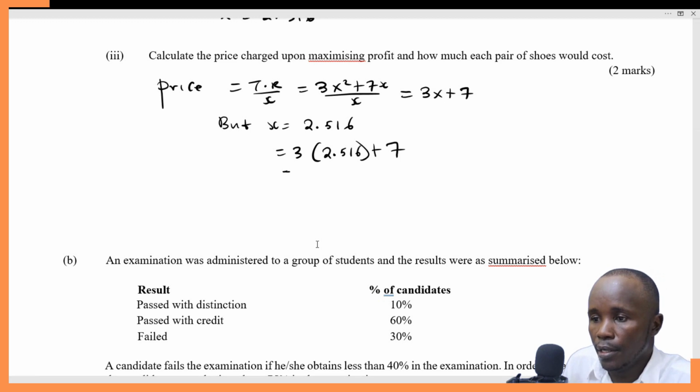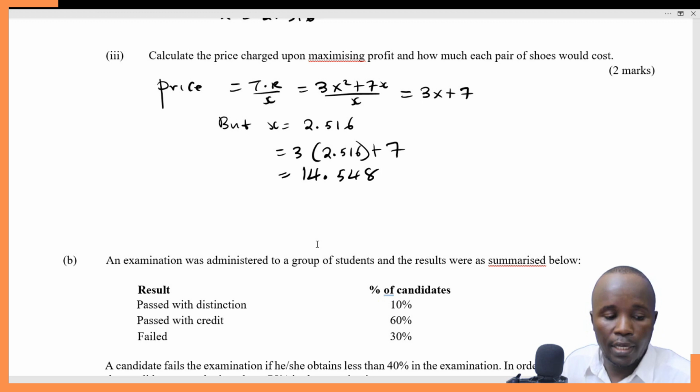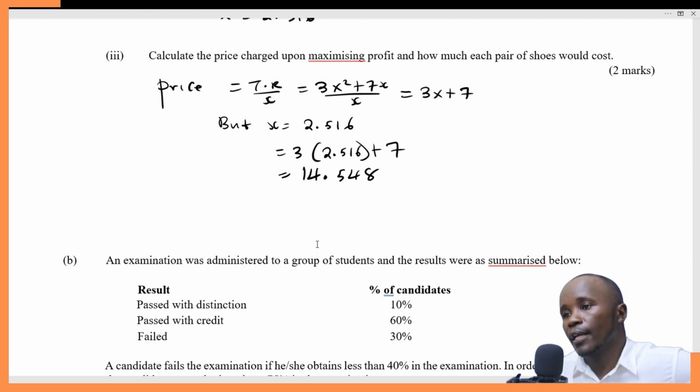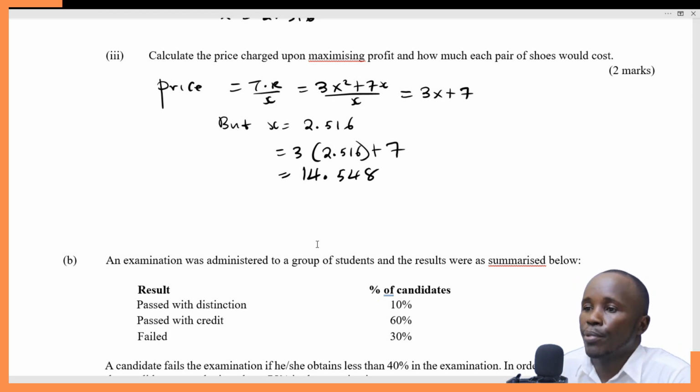This is 14.548. That is the price which is going to be charged so that you can get the maximum profit. Because we have said x, which is the units which will give you maximum profit, is 2.516. Substitute here and you are done with that part.